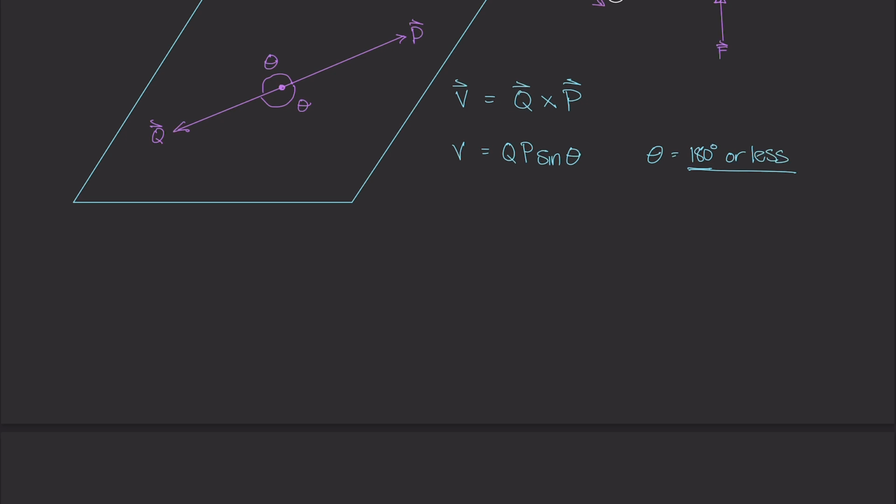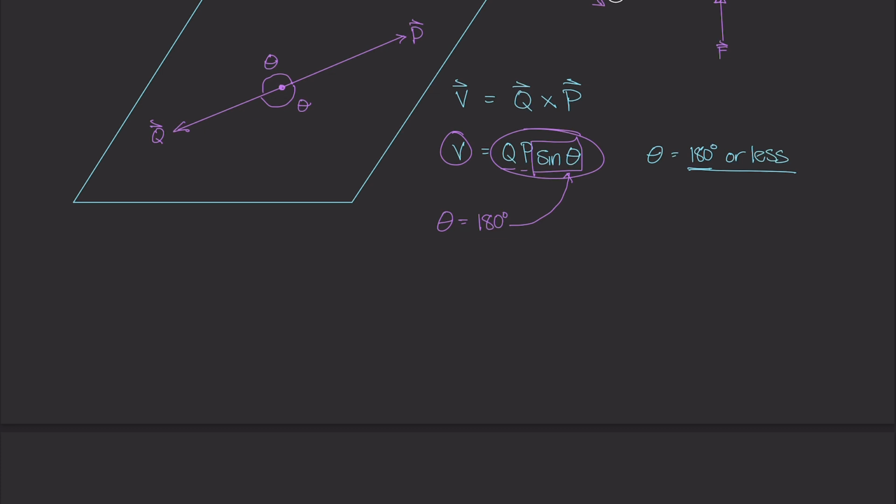If we try to take the cross product, either p cross q or q cross p, then the vector product is going to be 0. Why? Because if theta equals 180 and we plug this theta into this equation, sine of 180 is just 0. So it doesn't matter what the magnitudes of q and p are, this term is going to be 0, so this whole thing is going to be 0, and that tells us that v is 0. So that's case one, where p and q are exactly in opposite directions.